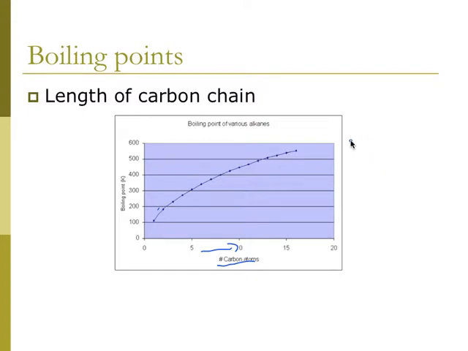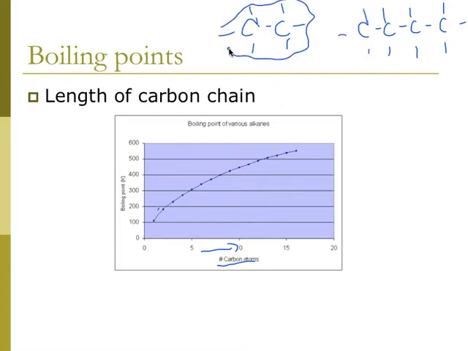As your carbon chain gets longer, and I'm going to just not draw the hydrogens because I'm being a little lazy, think about, you've got this compound. Next to it is a similar or the same molecule. It's got areas at which those London dispersion forces are going to be attracted to each other, instantaneous dipoles.